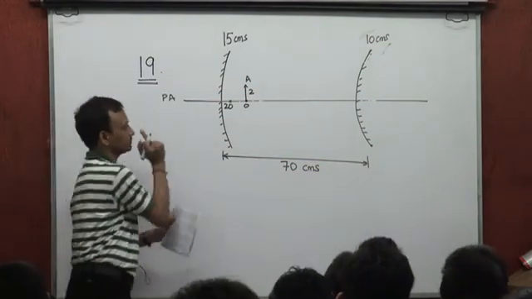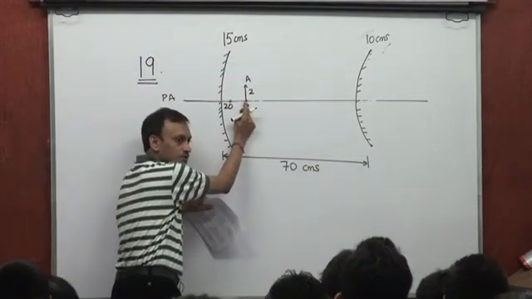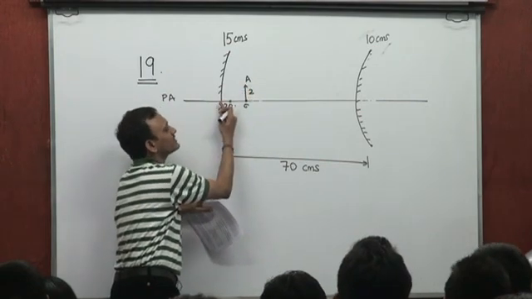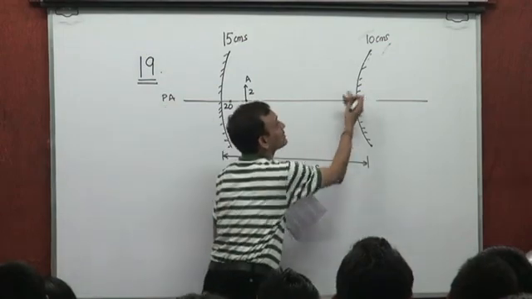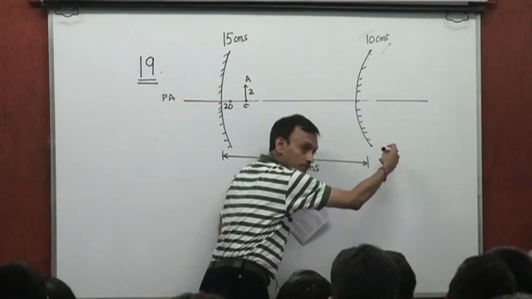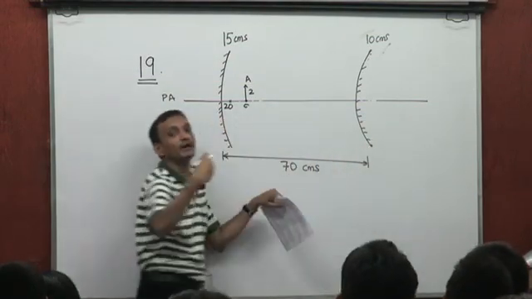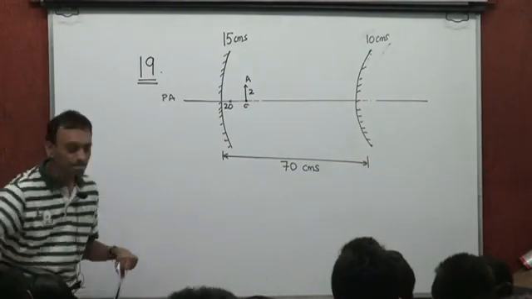Alright. So, for the concave mirror, this is the object. Rays of light starting from this object get reflected and constitute an image. That image acts as a virtual object for this mirror, right? And then reflection occurs on this mirror, and a second image is formed. That's what is happening, right?